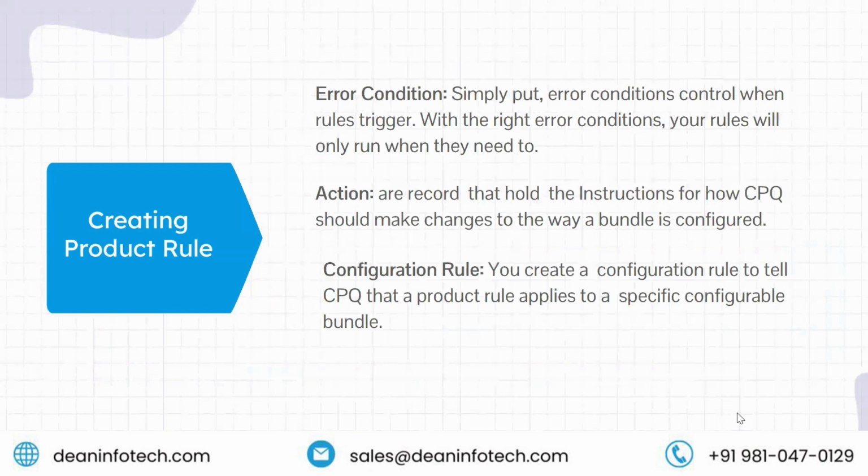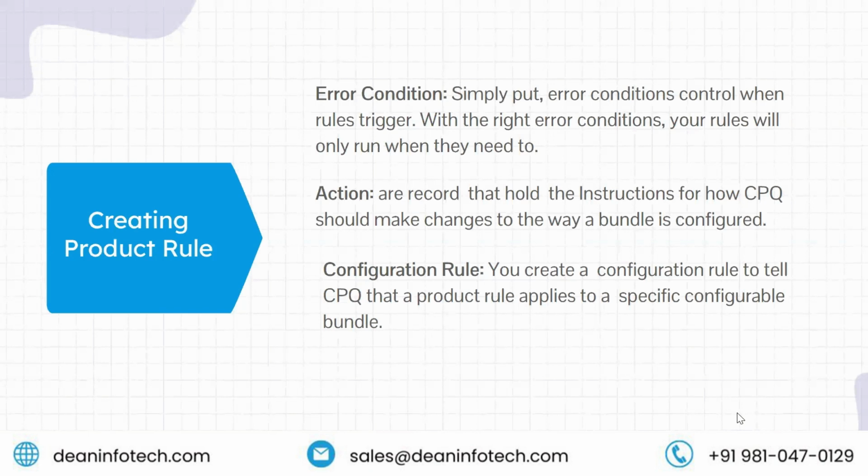Now, creating a product rule. Here the error condition simply controls when a rule triggers, so your rules will only run when they need to. An action is a record that holds the instruction of how CPQ should change the way a bundle is configured.